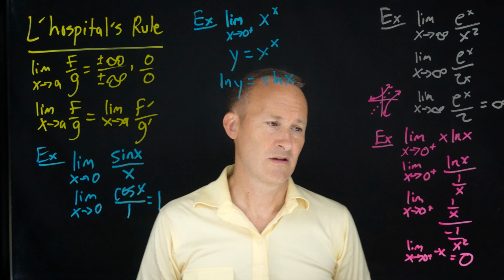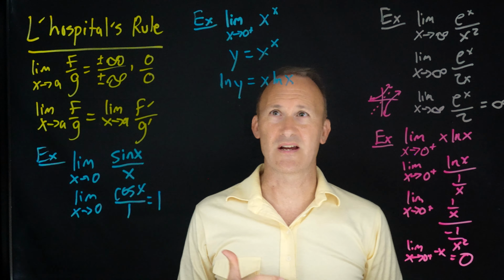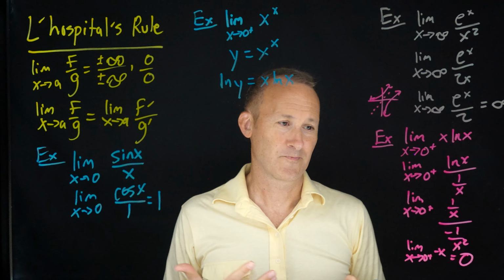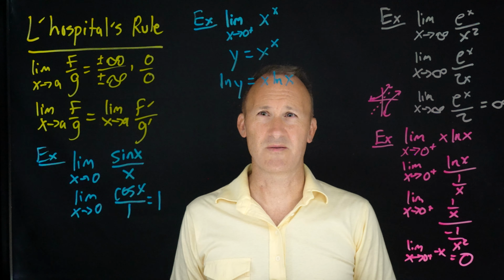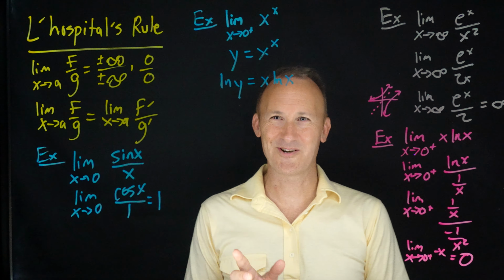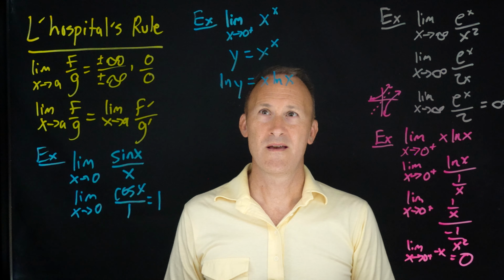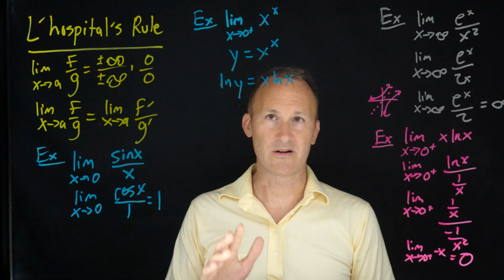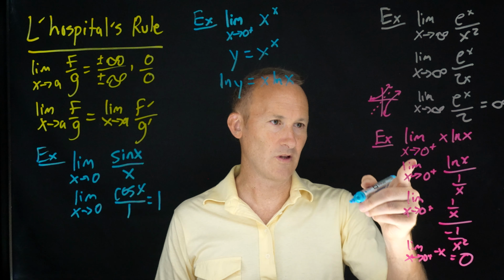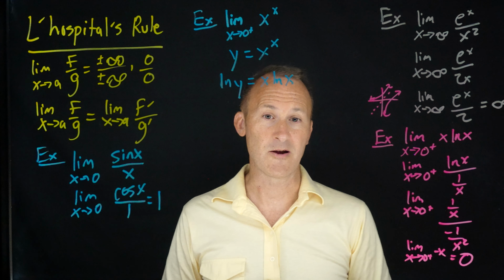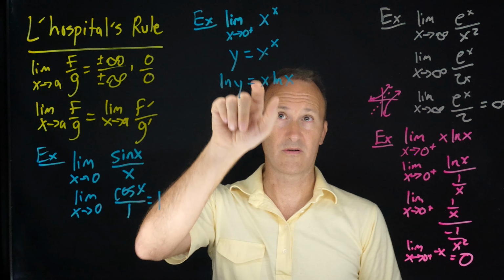Okay, so it almost seems like, are we really making progress here? Well, let's find out. Basically, we know the limit as x approaches 0 from the right of x ln x, and that's what we're looking for.